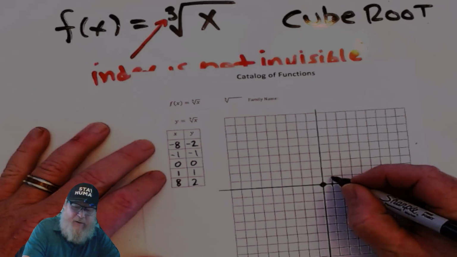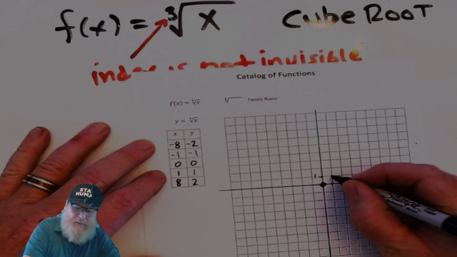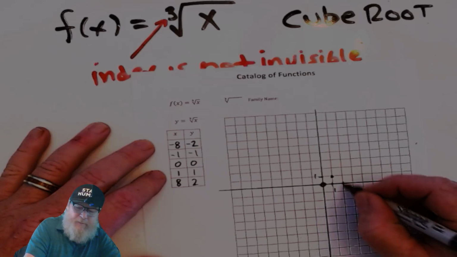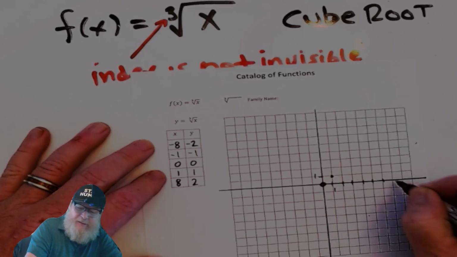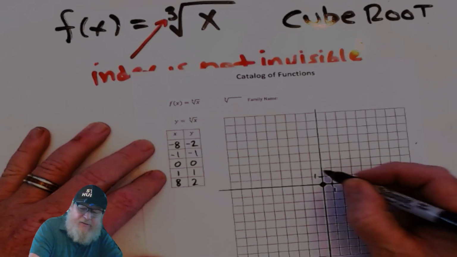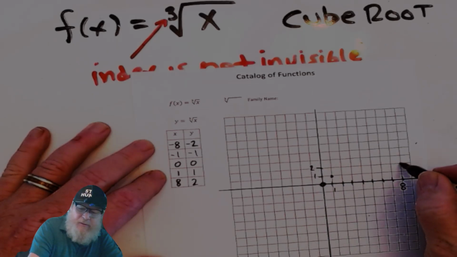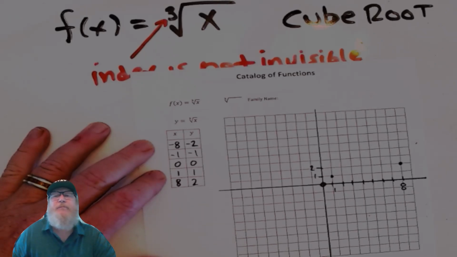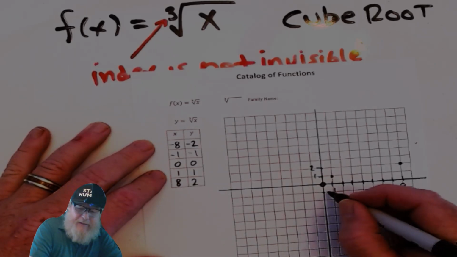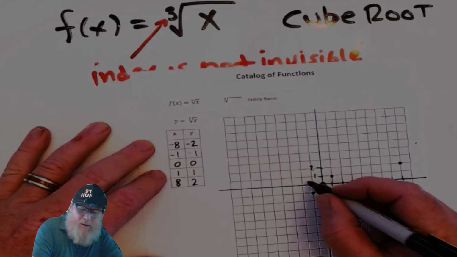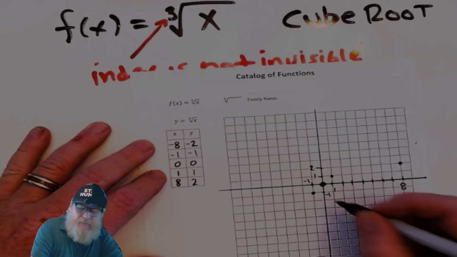I'm going to stick down all 5 points. So I've got 1, 1, 2, 3, 4, 5, 6, 7, 8, and 2 right there. And then for my negatives, I've got -1 and -1.